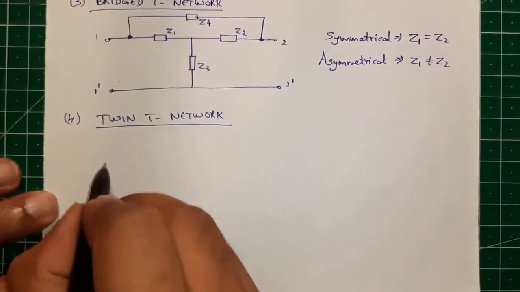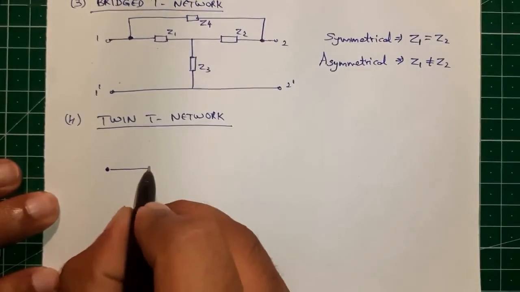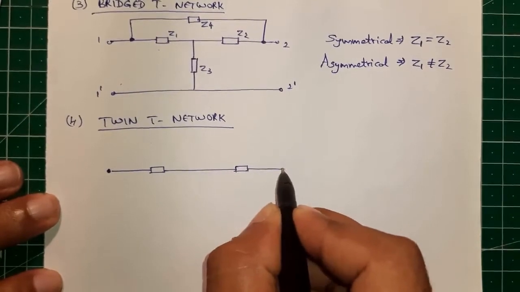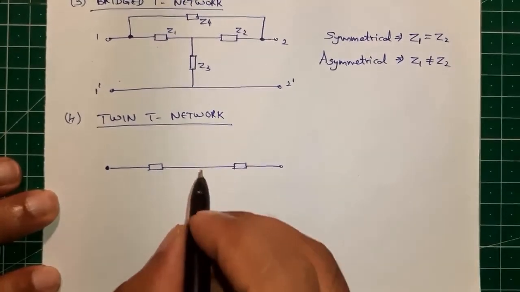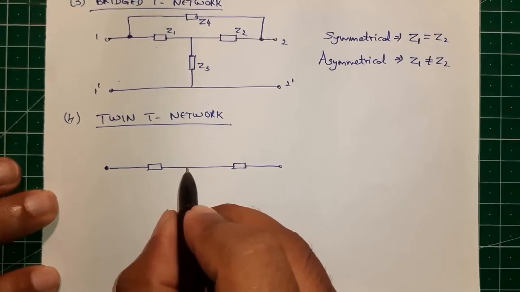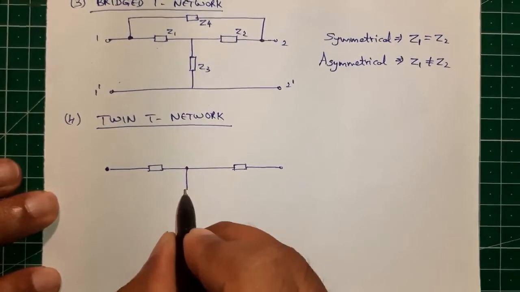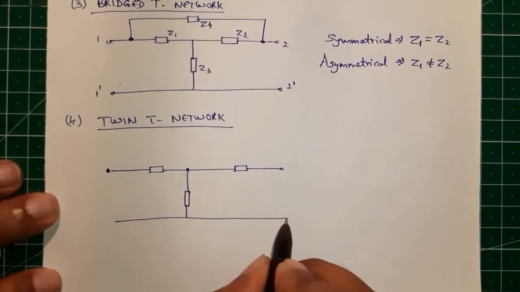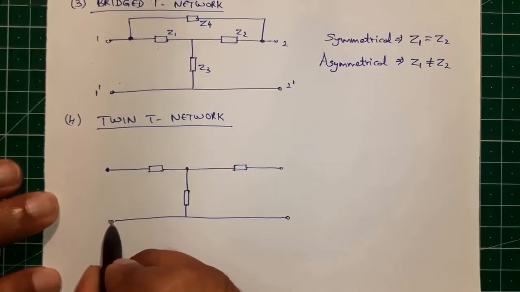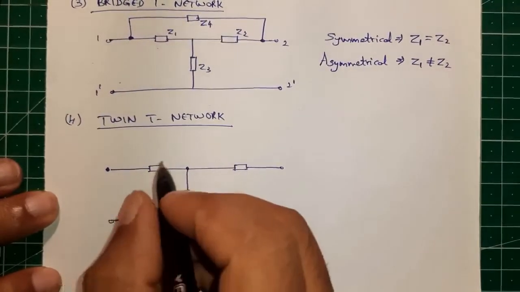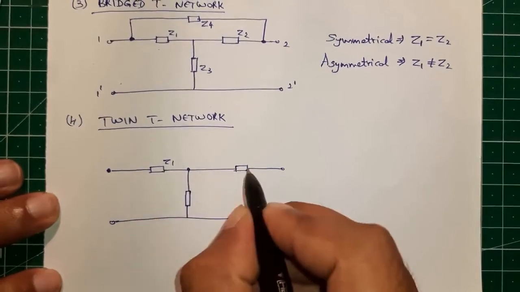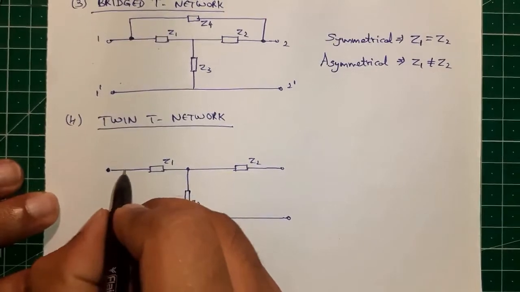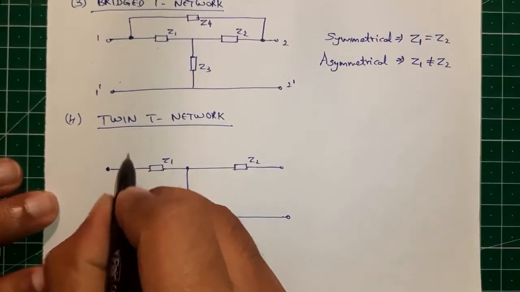So we have two T networks, and one more T network we can draw.